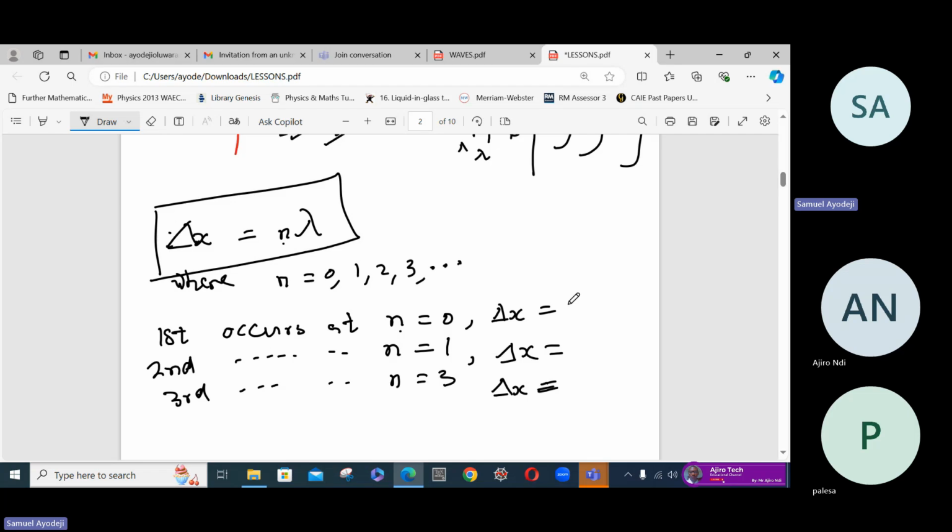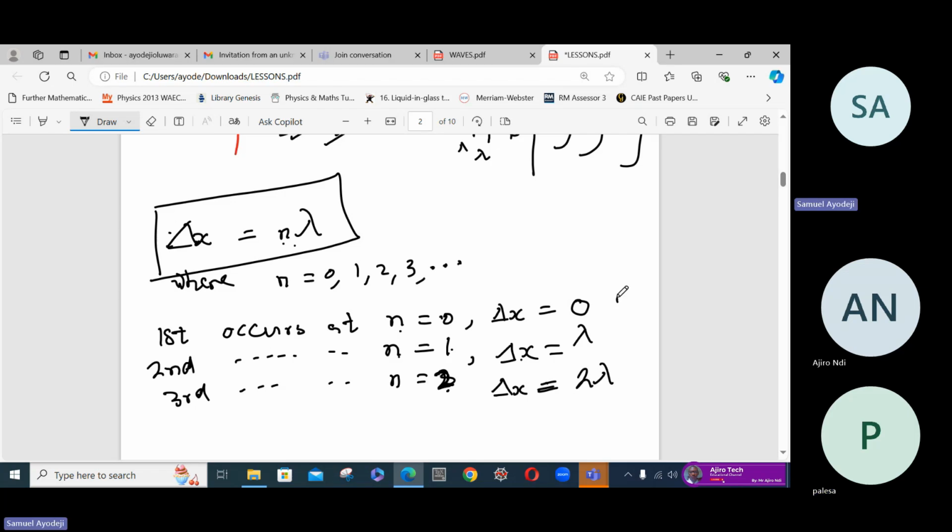When you multiply by lambda, what are you going to get? 0. For the second one, n is equal to 1, put it here. You get lambda. For the third one, n is 2, it's 0, 1, 2. Sorry. What are you going to get? 2 lambda.